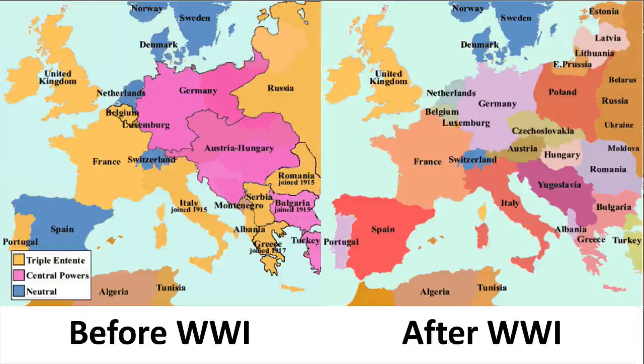Secondly, the Austrian-Hungarian Empire is gone. Stick a fork in them, they're done. The Austrian-Hungarian Empire is over. So you can see on the map to the right, what ends up happening is all of these new nations, Poland, Czechoslovakia, Austria, Hungary, all these nations of Eastern Europe are formed after World War I. That's important to remember because the nations of Eastern Europe are very important during the Cold War.